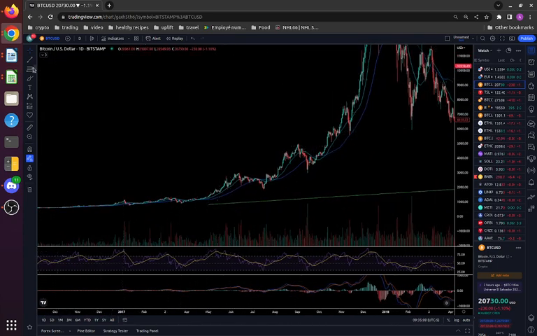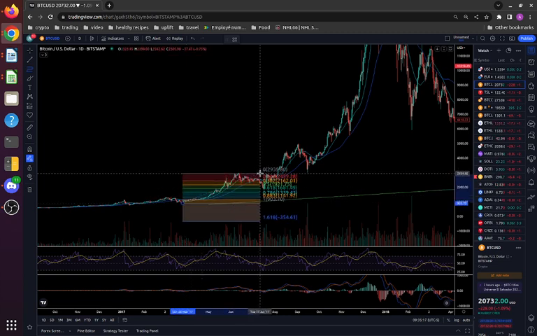If I do the Fibonacci retracement, I'm going to say that the first impulsion is here. So I'm going to do my first Fibonacci retracement. There you go.